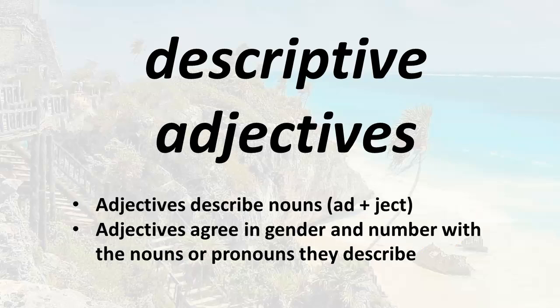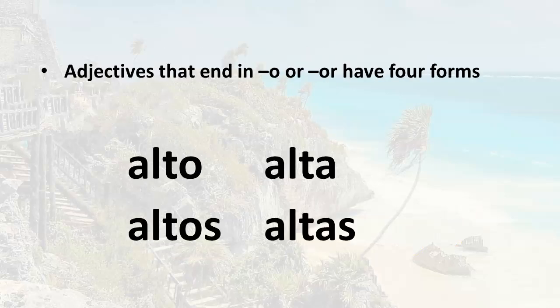So in Spanish, let's take a look at a typical adjective. A typical adjective will have 4 different forms. So the rule is that adjectives that end in an O in the base form, let's say, or OR will have 4 forms.